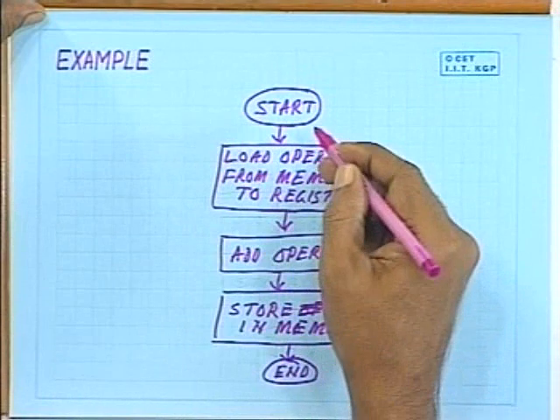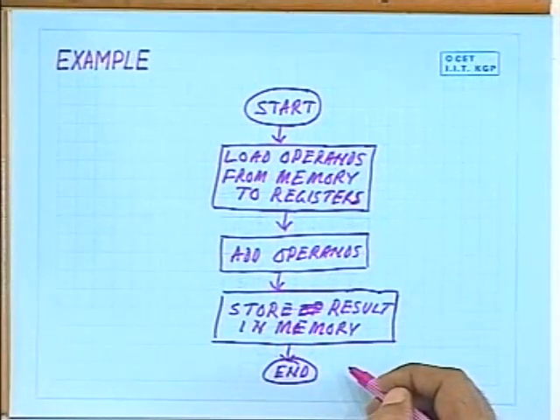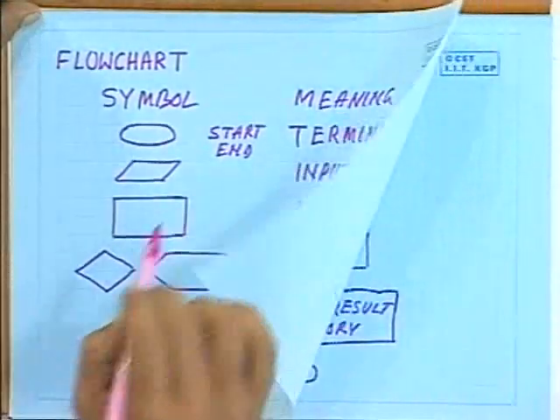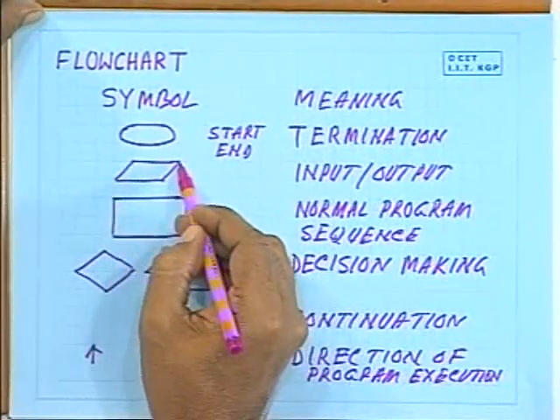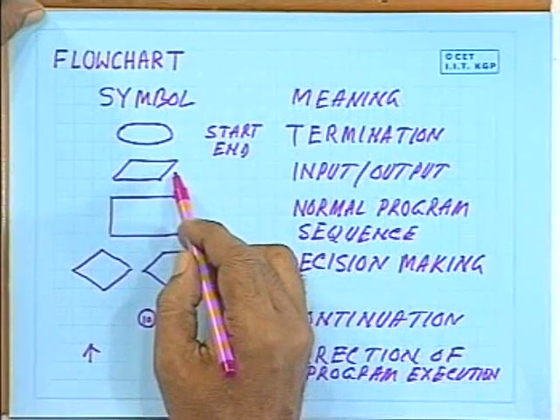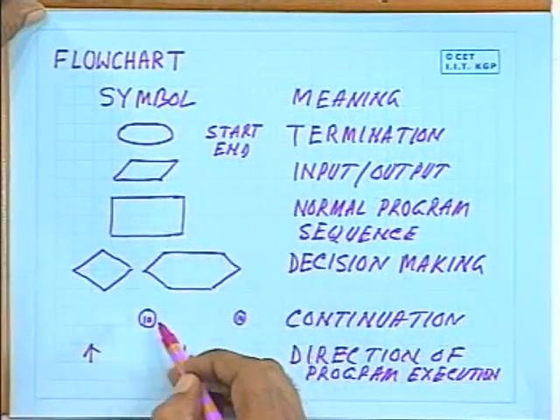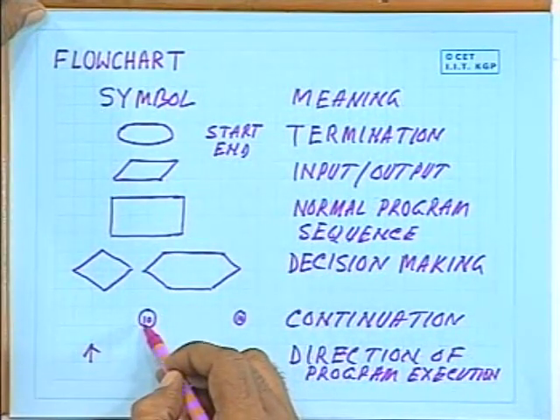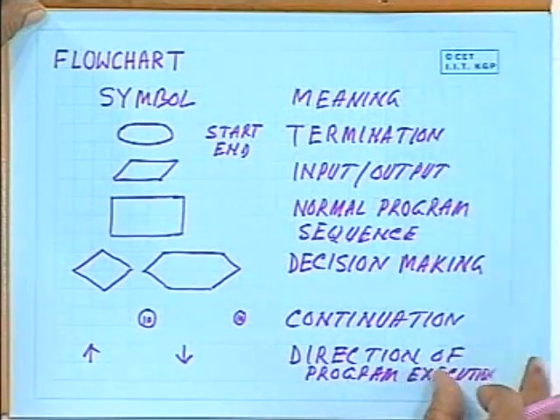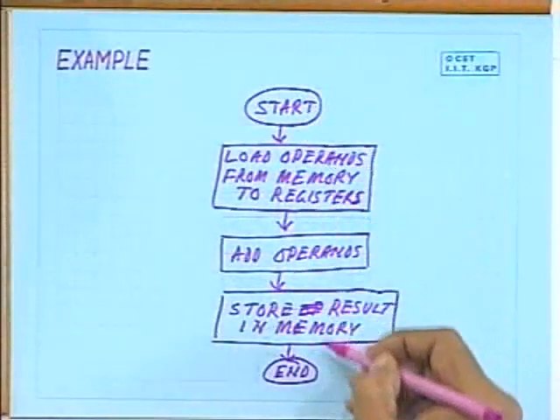So in this particular case, the problem is very simple. There was no need to use this parallelogram, because there was no input from input output devices. Also there was no need to use this continuation symbol, because it was possible to accommodate the program on a single page.